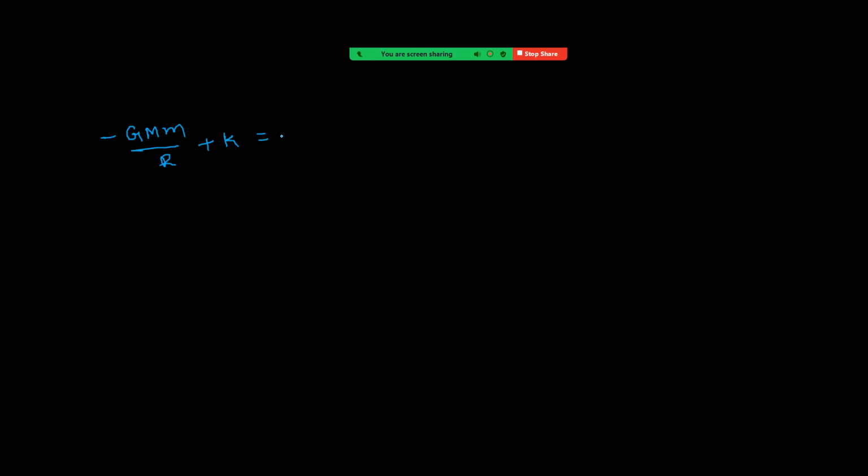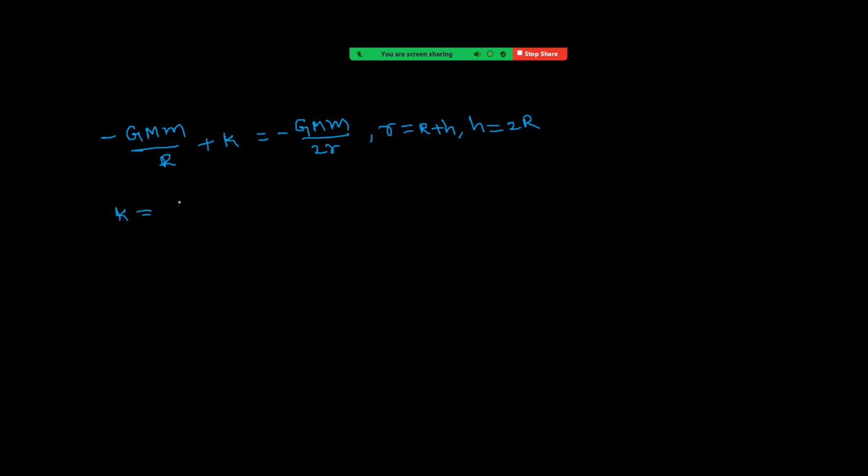When it enters into an orbit, its total energy is minus GMm by 2r, where r is the radius of the orbit, that is equal to R plus H. Now in this case, H value is given as 2R.